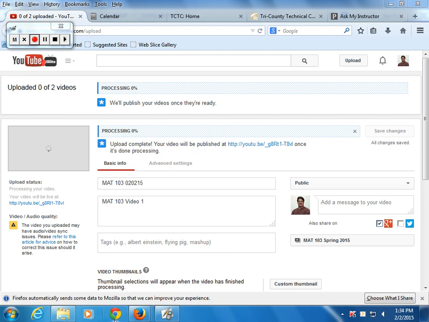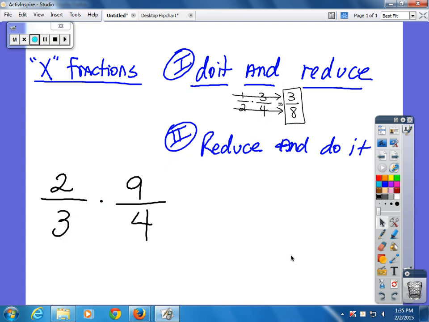So, one way you could do this problem is you could actually go straight across and multiply 2 times 9. And 2 times 9 would give you what? 18. And 3 times 4 will give you what?